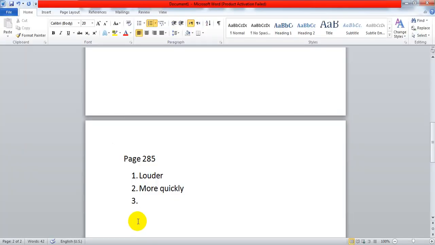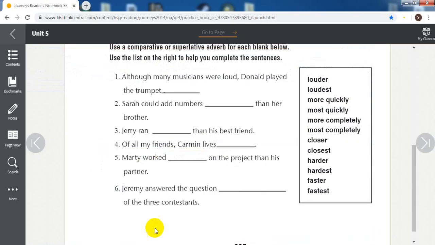Yes, faster. Okay, number 4. Of all my friends, Carmen lives. What do you guys think? Of all my friends, out of them all, Carmen lives the closest, right? Lives closest. Great job.